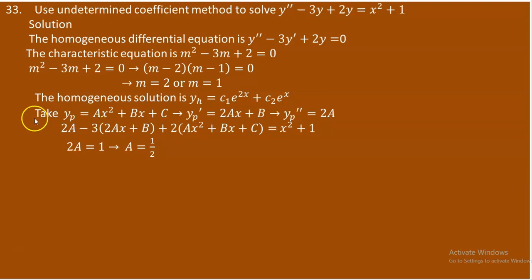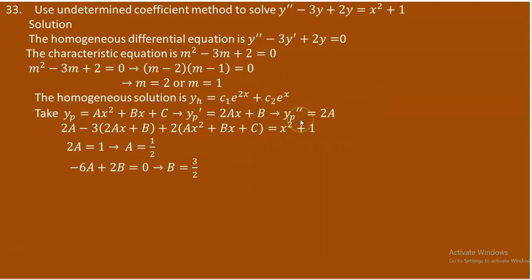As you see, the coefficient of x is minus 6a, because minus 3 times 2a makes minus 6a. Minus 6a plus, come here, 2 times b is 2b. So minus 6a plus 2b is going to be the coefficient of x, and that has to be matched with the coefficient of x on the right side.